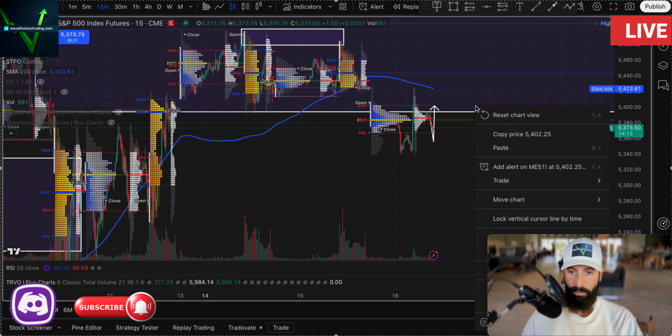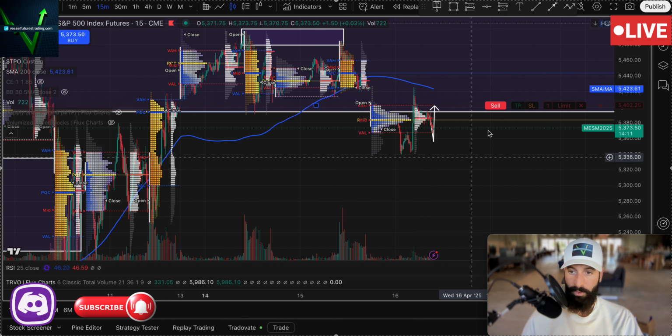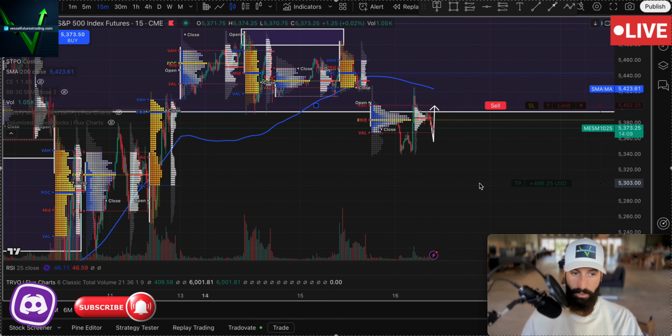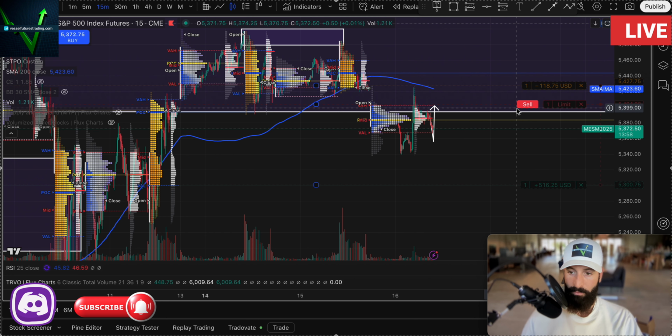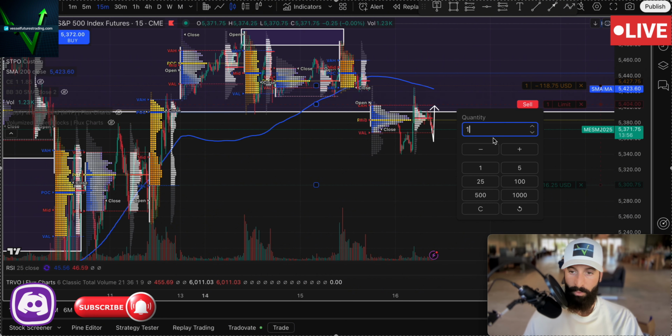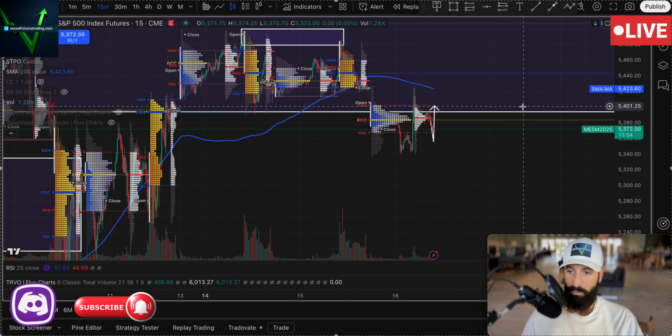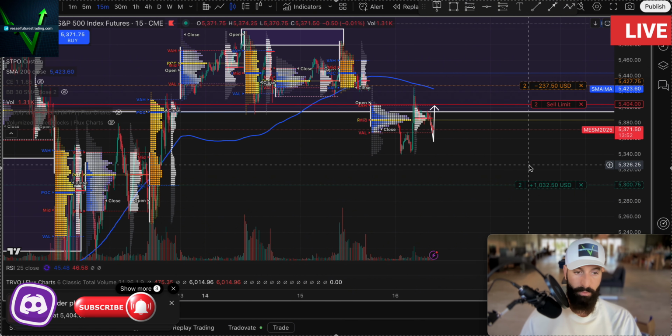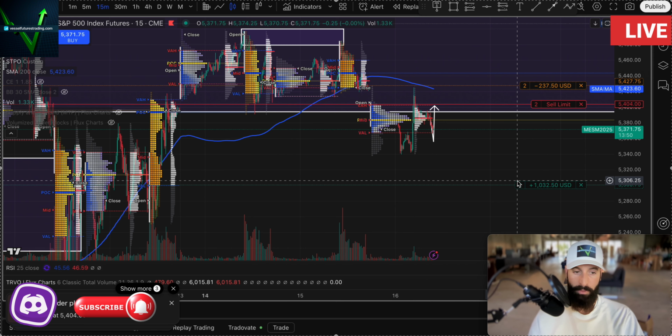So I'm gonna put a command right here to trade it. We're gonna take it first base. We're gonna put it right here and risk about 118 to make 516. I'm gonna maybe do two contracts, risking 237 to create $1,032.